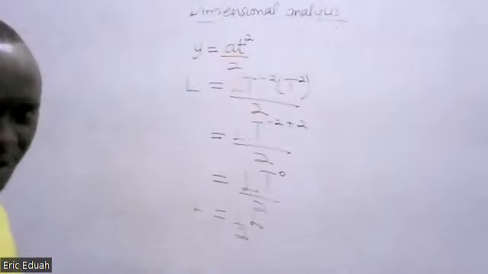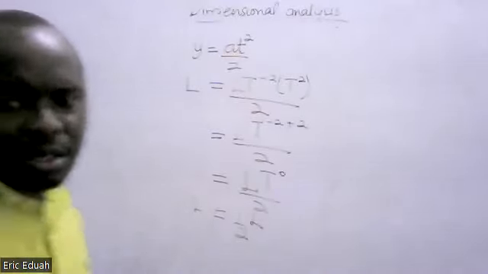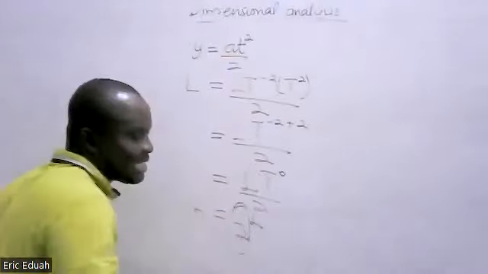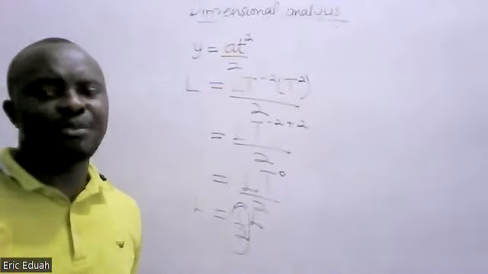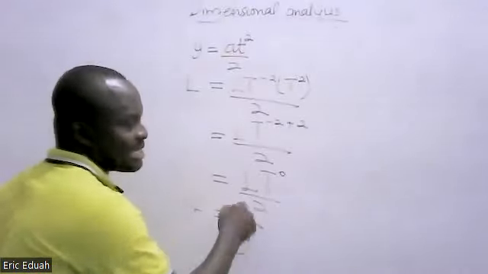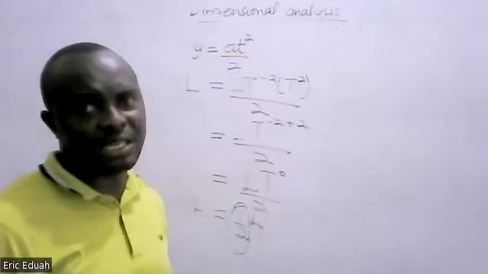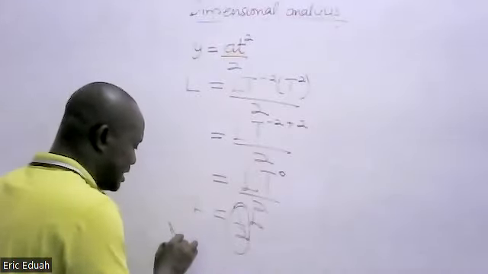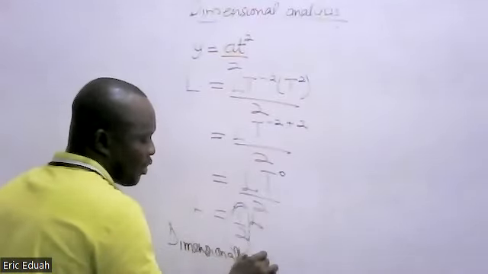It's correct, because I told you that the coefficient doesn't matter. It is a dimensionless constant. What we use is the dimension. Is the dimension on the left-hand side equal to what is on the right-hand side? If yes, then the equation is dimensionally valid or correct.